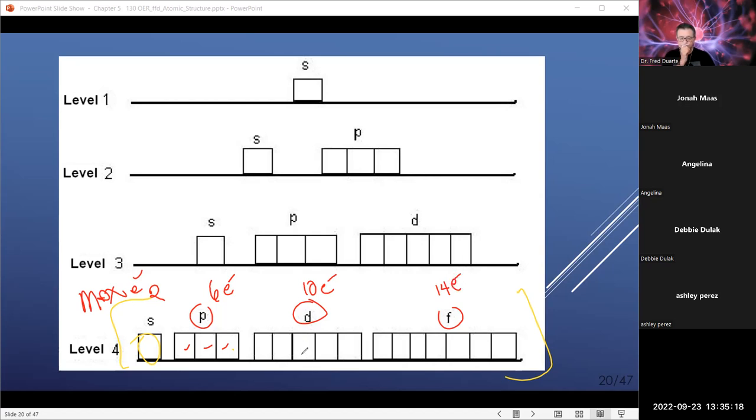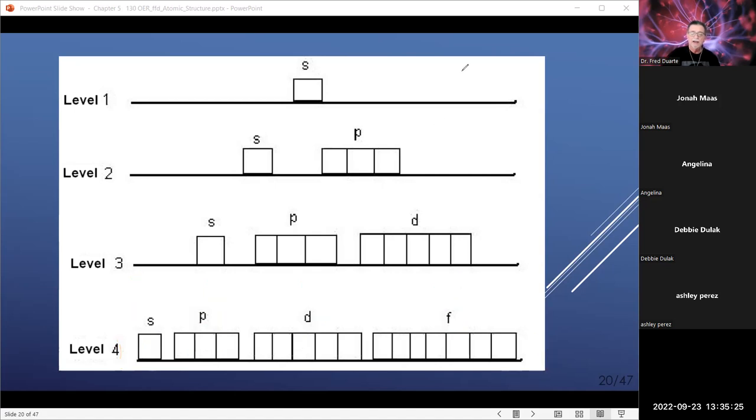Okay. We have this diagram here to demonstrate this as we move down the periodic table. If you have the periodic table with you, you will see that level 1 encompasses hydrogen and helium.